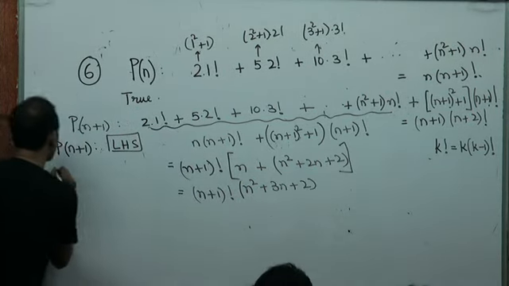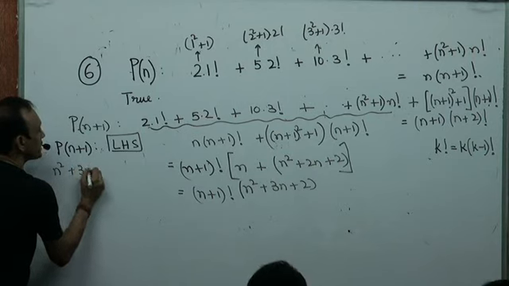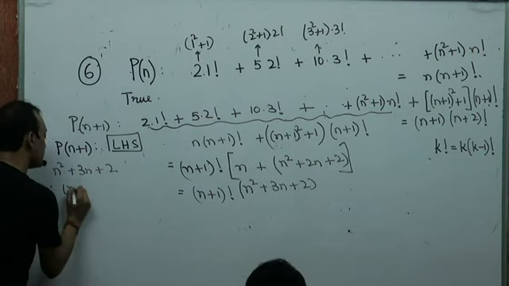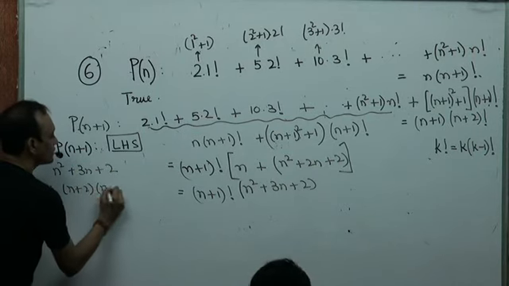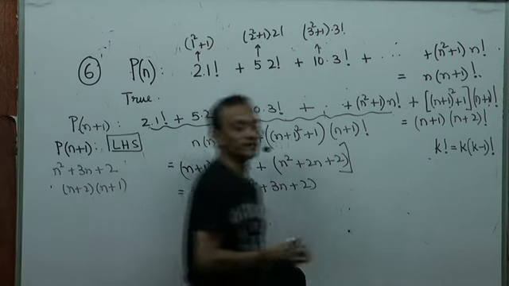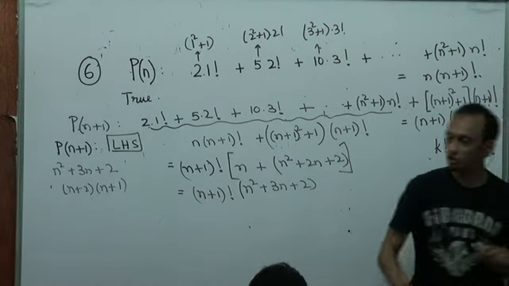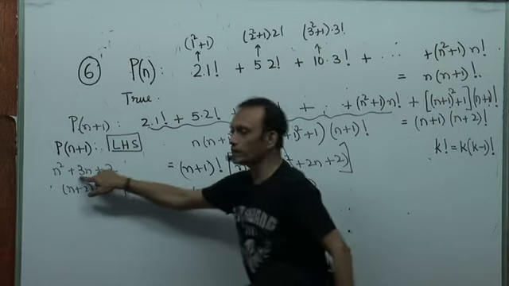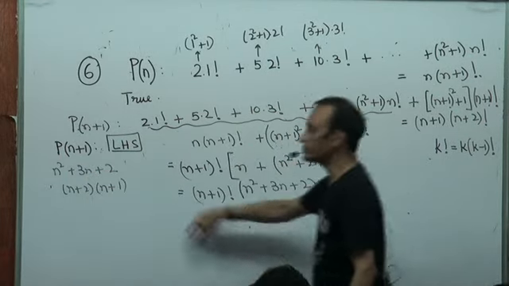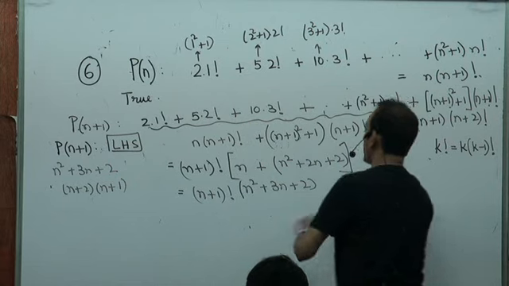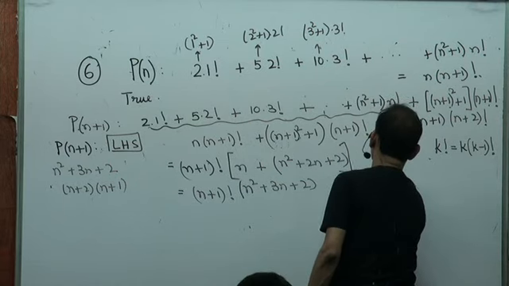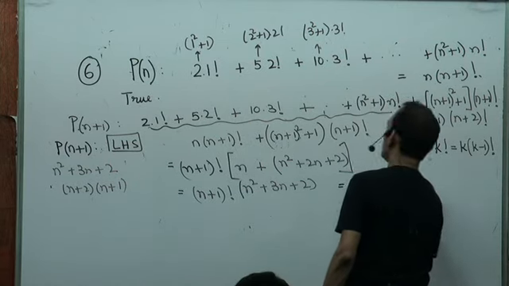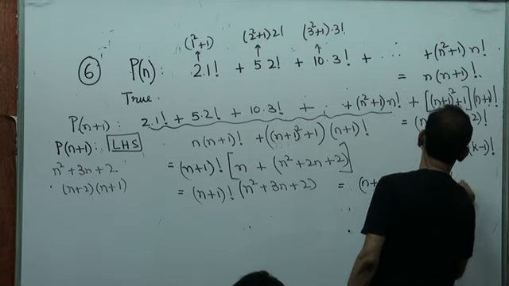And do you realize that n squared plus 3n plus 2 is n plus 2 into n plus 1? Yes or no? Right? 3n as 2n plus n. You get this, n plus 2 into n plus 1. So this I write as n plus 1 factorial into n plus 2 into n plus 1.